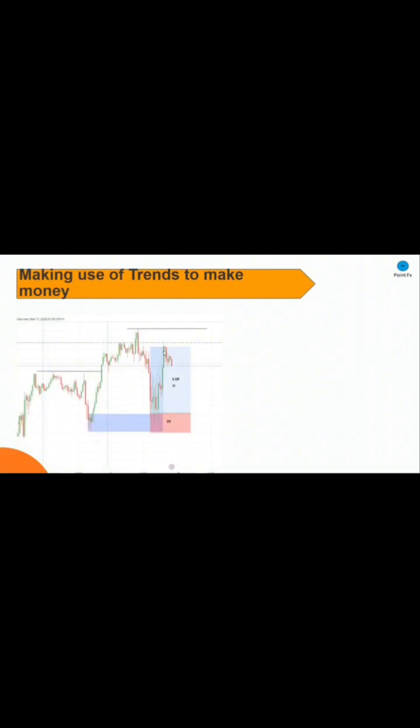Now let's look at this chart. You can see in this chart, we bought this market here, or we went long in this market here. Our stop loss was here and our take profit was here. Take profit 1, obviously, because we still expect this market to take out this high. Now if you observe, we were able to initiate our buy order here because the market created a break of market structure here.